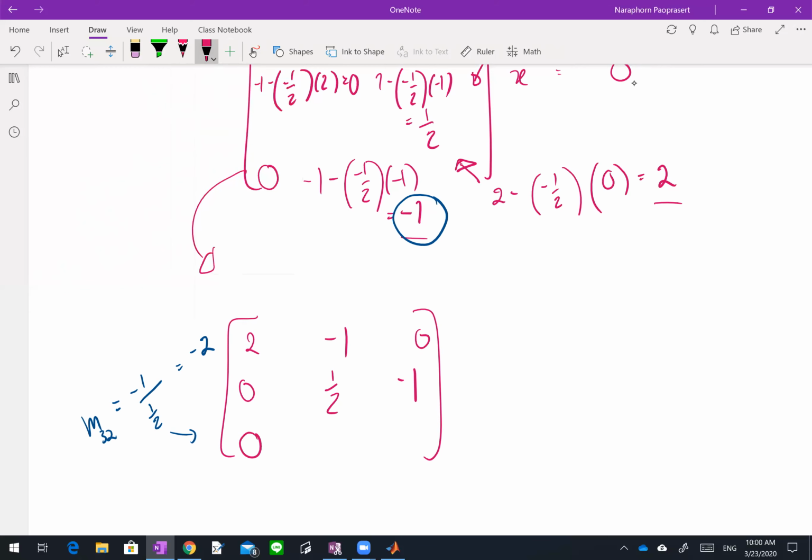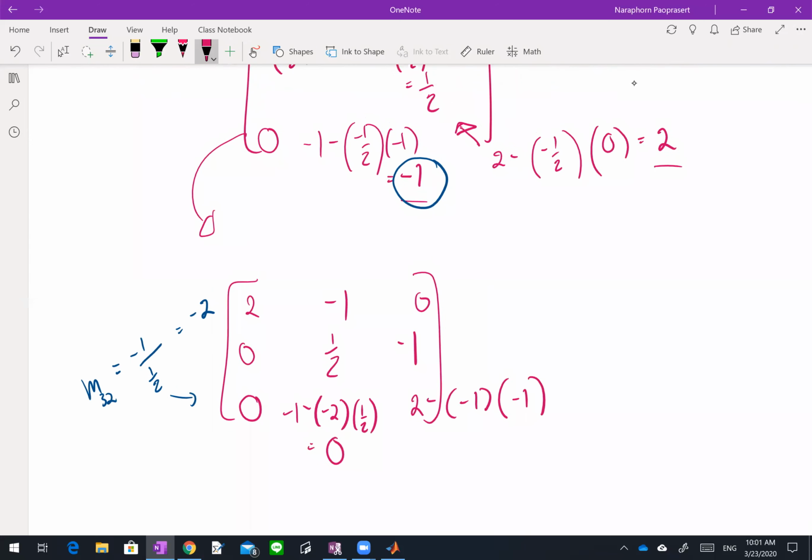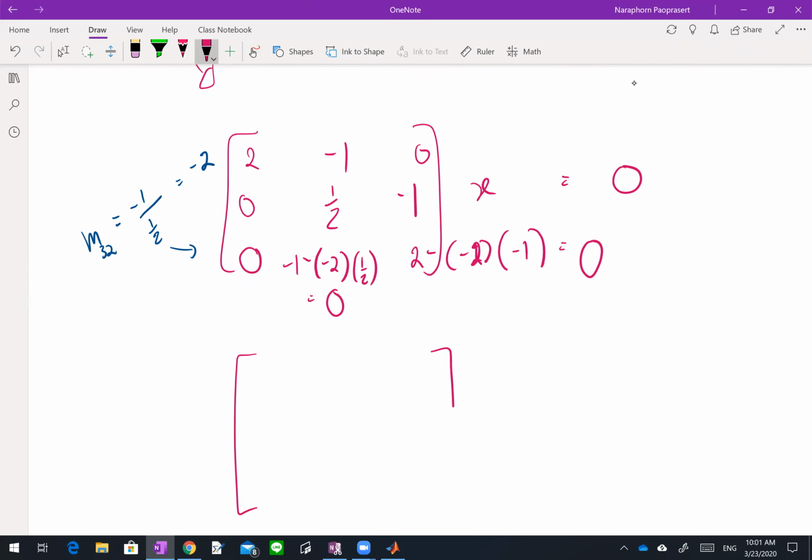So this is 0, and minus 1 minus 2 times 1/2 gives 0, and 2 minus 2 times minus 1, and I also have 0, hence x equals 0. Let me write it nicely. This is my output after doing the Gaussian: 2, minus 1, 0; 0, 1/2, minus 1; 0, 0, 0, x equals 0.